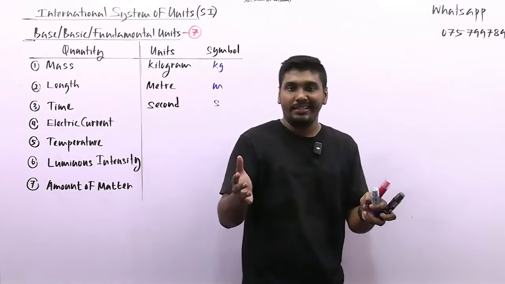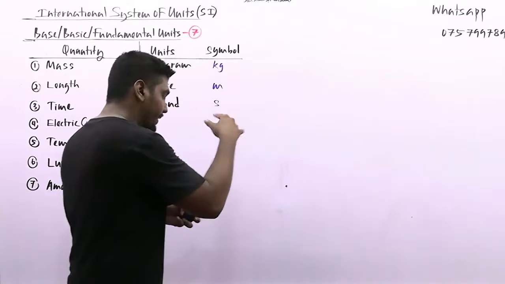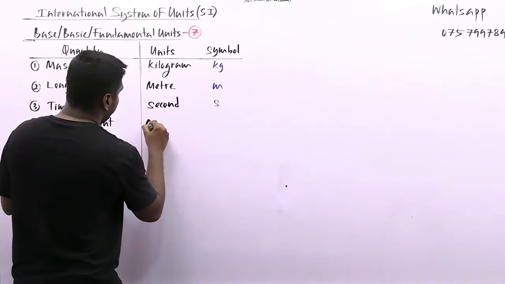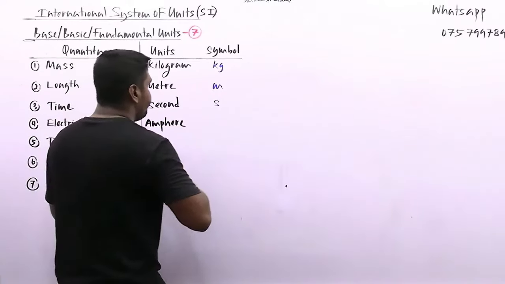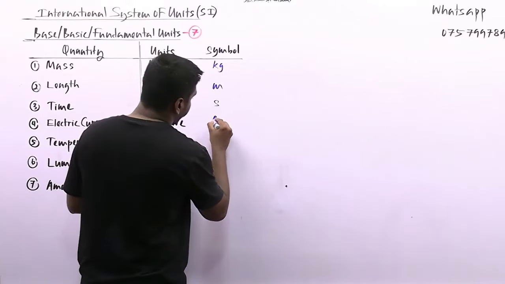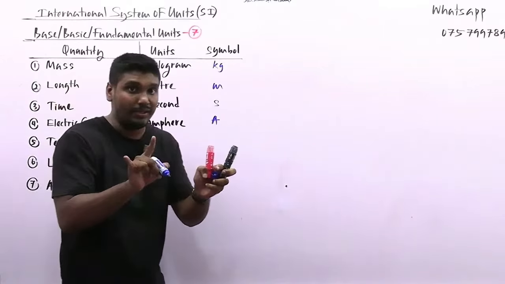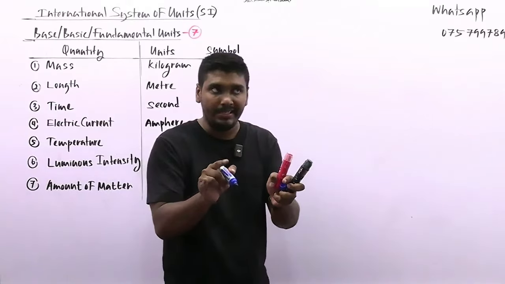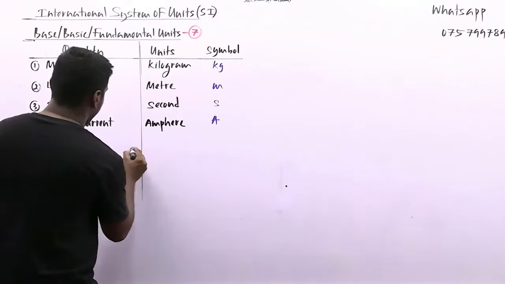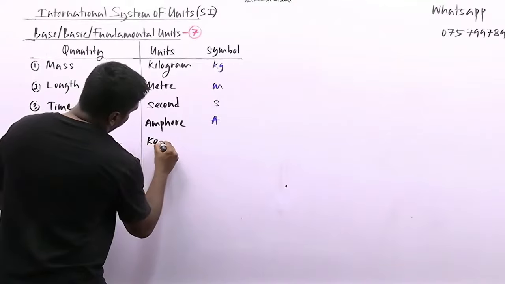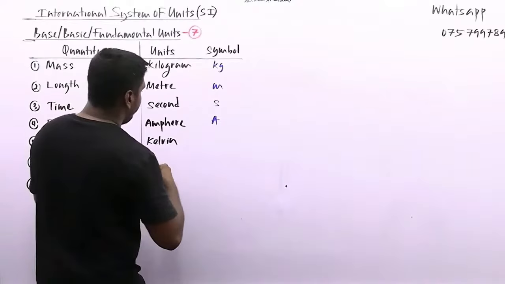The unit used to measure electric current is the ampere. The symbol is capital A. Temperature, remember, is measured in kelvin, not Celsius, not Fahrenheit. The temperature SI unit is kelvin. The symbol is capital K.